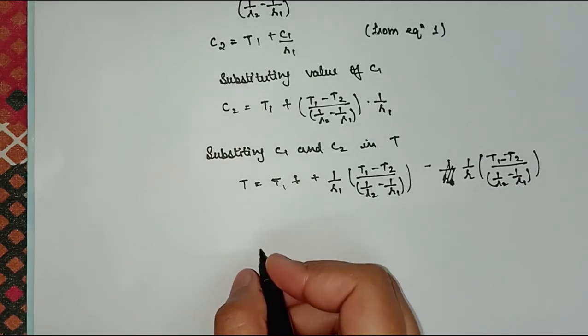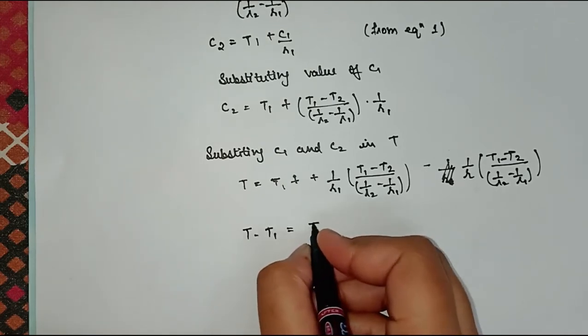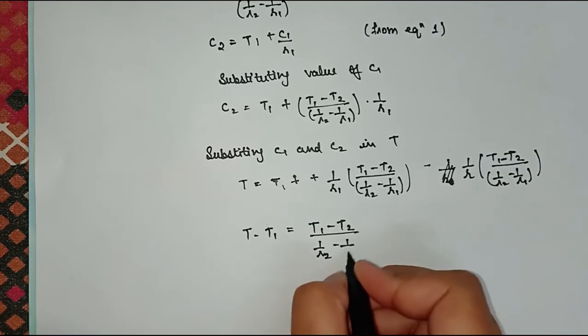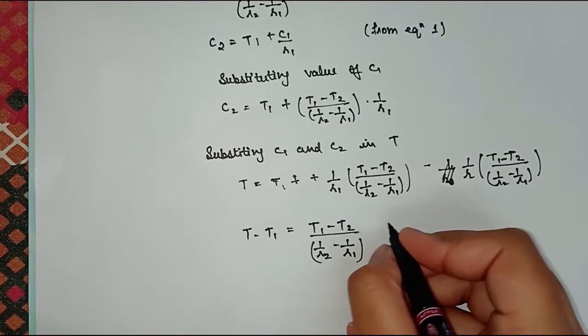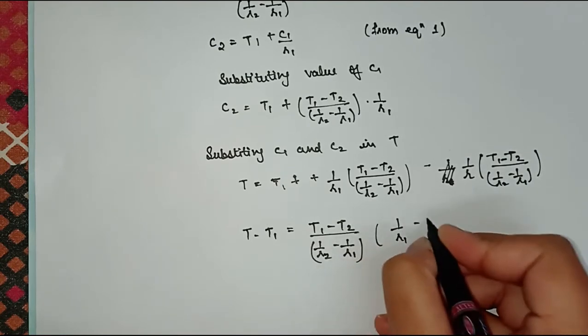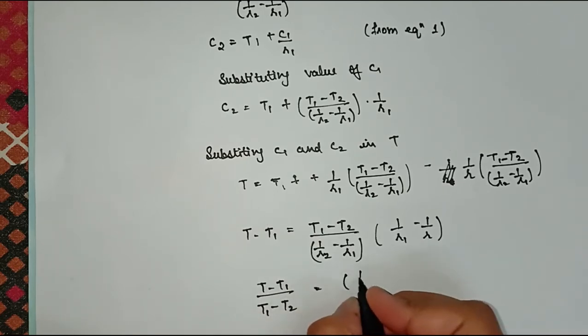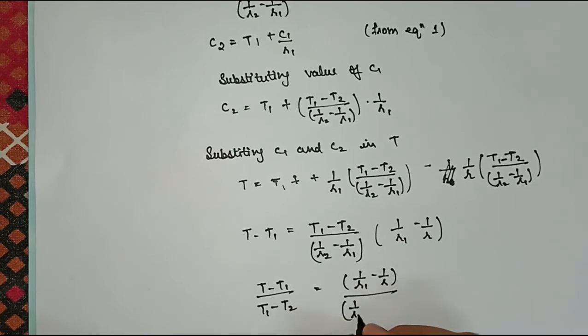This can also be written as T minus T1 equals to T1 minus T2 divided by 1 upon R2 minus 1 upon R1 whole multiplied by 1 upon R1 minus 1 upon R. Solving this, we will get T minus T1 divided by T1 minus T2 equals to 1 upon R1 minus 1 upon R divided by 1 upon R2 minus 1 upon R1.